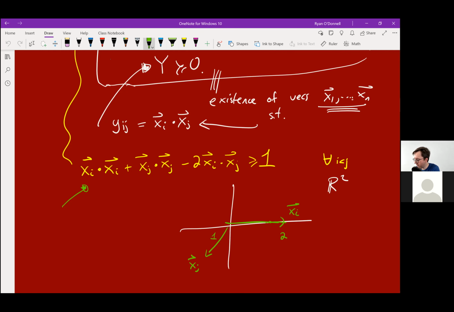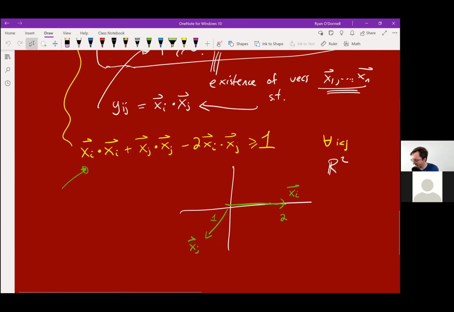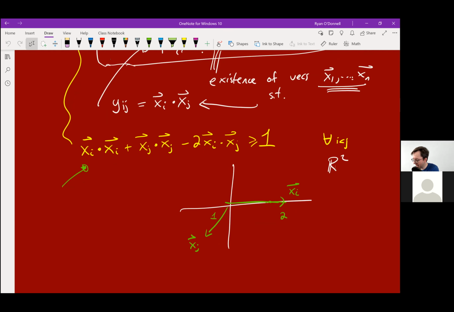No. Okay, why not? The dot product represents the magnitude, right?